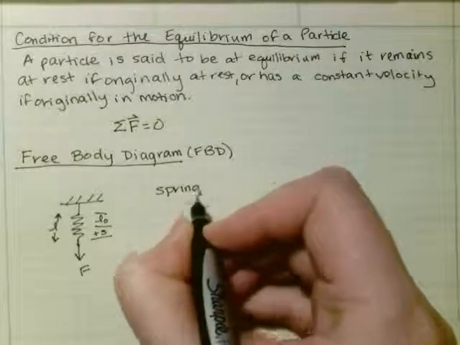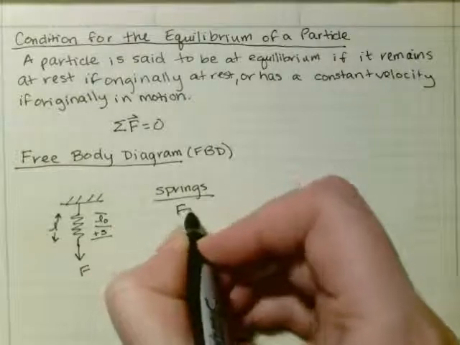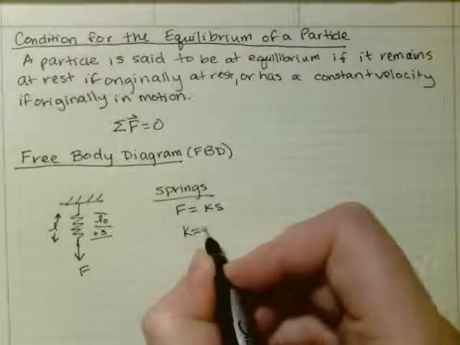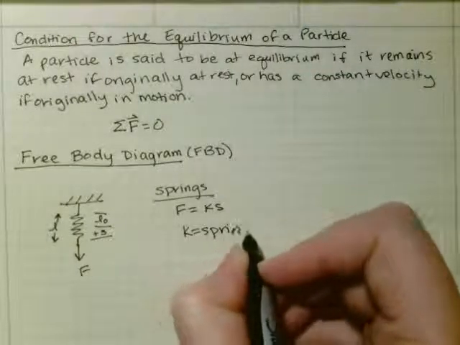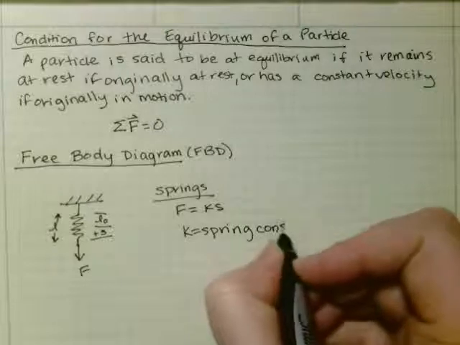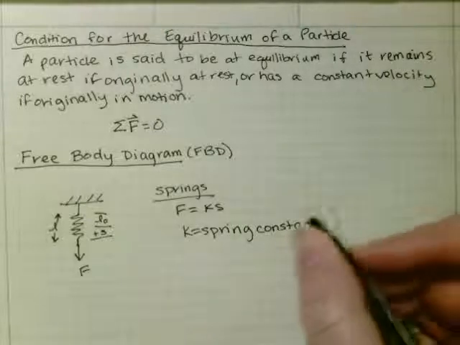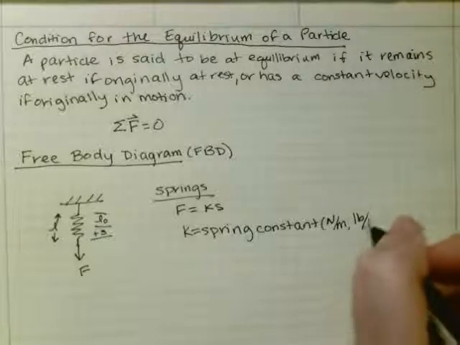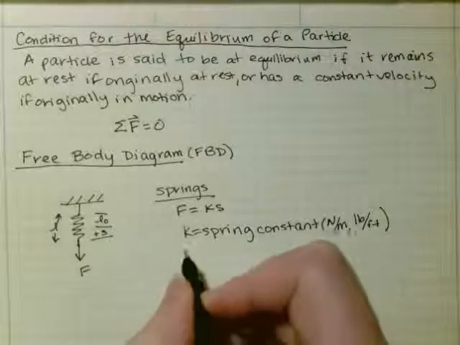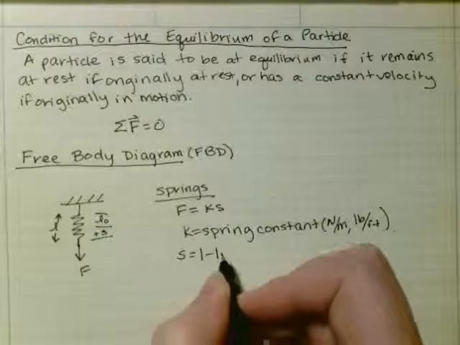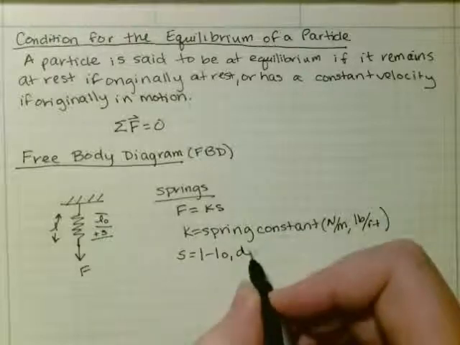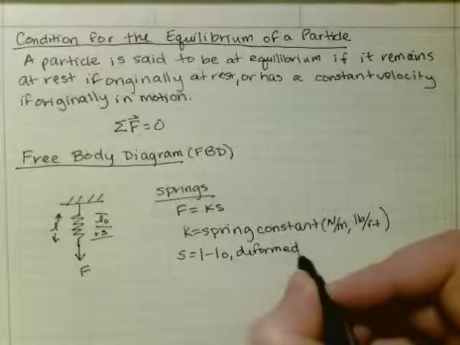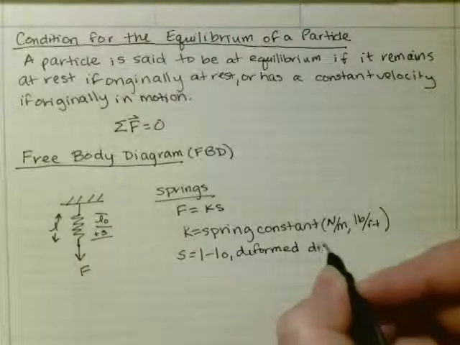So for a spring, the force is equal to ks, where k is the spring constant, in units of newtons per meter or pounds per foot. And s is equal to L minus L0, the deformed distance measured from its unloaded position L0.